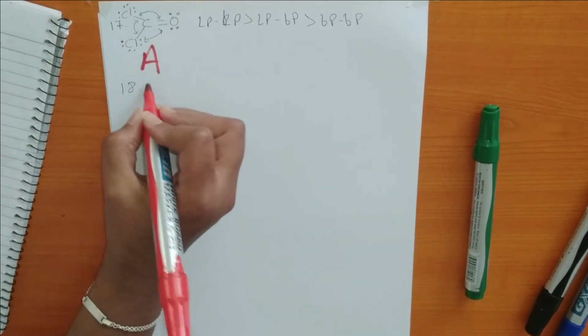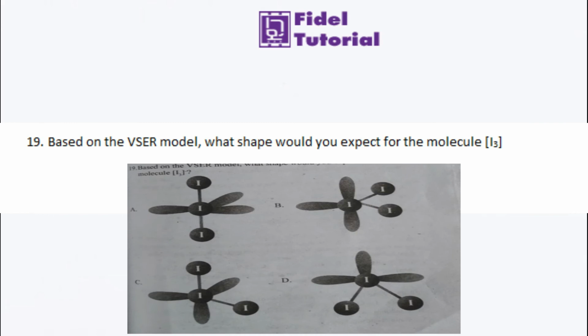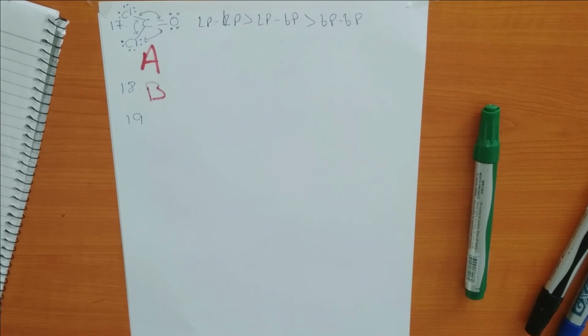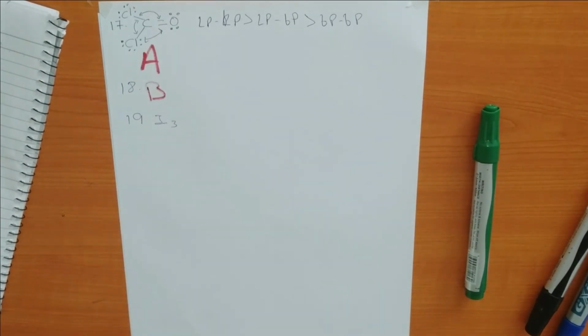19. Based on the VSEPR model, which shape would you expect for the molecule I3 minus? The Lewis structure for I3 is what?